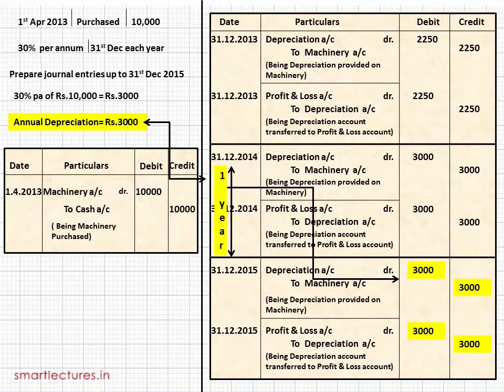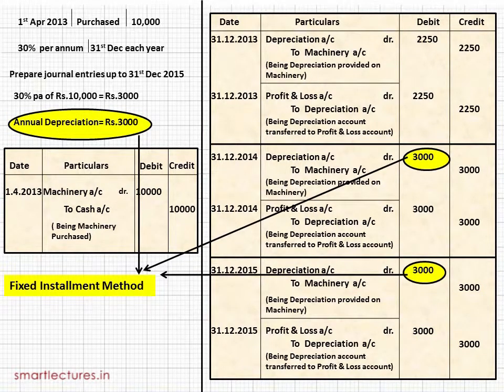And depreciation is always provided on the day of closing. Depreciation account must be closed or transferred to profit and loss account on the day of closing. You have noticed in this question that every year the amount of depreciation was rupees 3,000. It means this is a fixed amount every year.